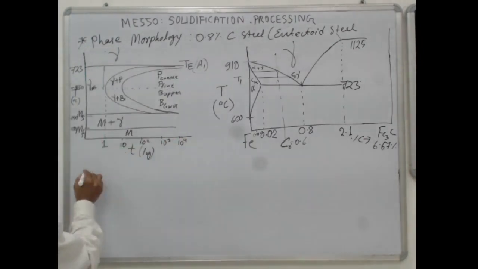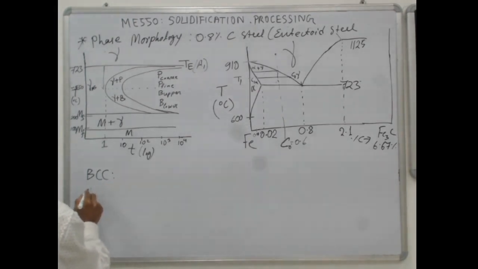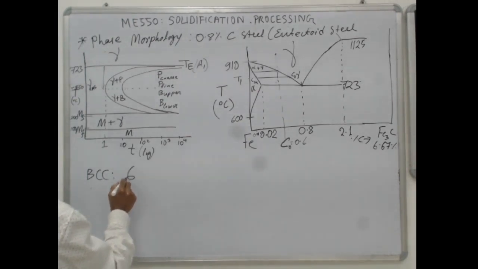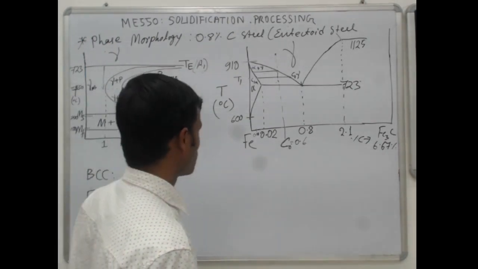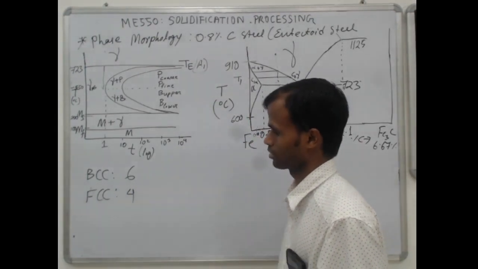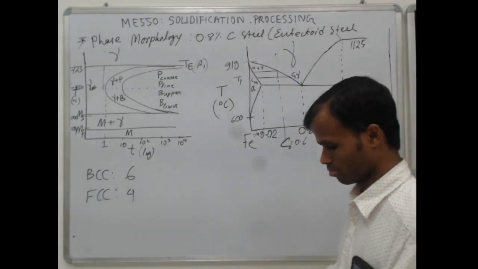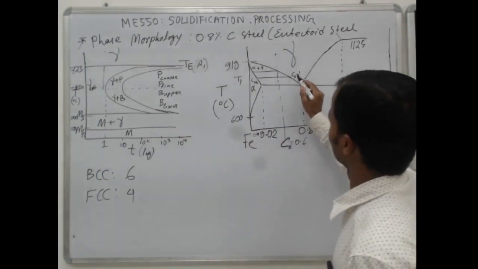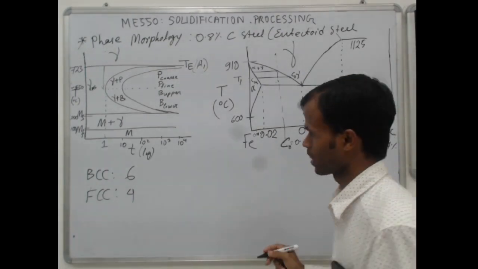In BCC you have 6 octahedral voids, in FCC you have 4 per unit cell, so it has fewer, but these voids are bigger in size, so they can accommodate more carbon. Otherwise it would not have been possible for austenite to accommodate a higher concentration of carbon.